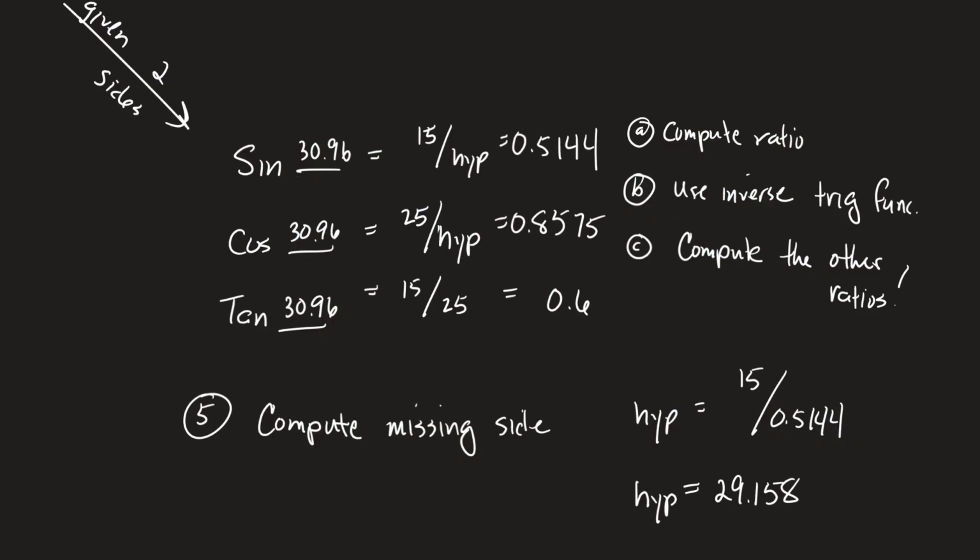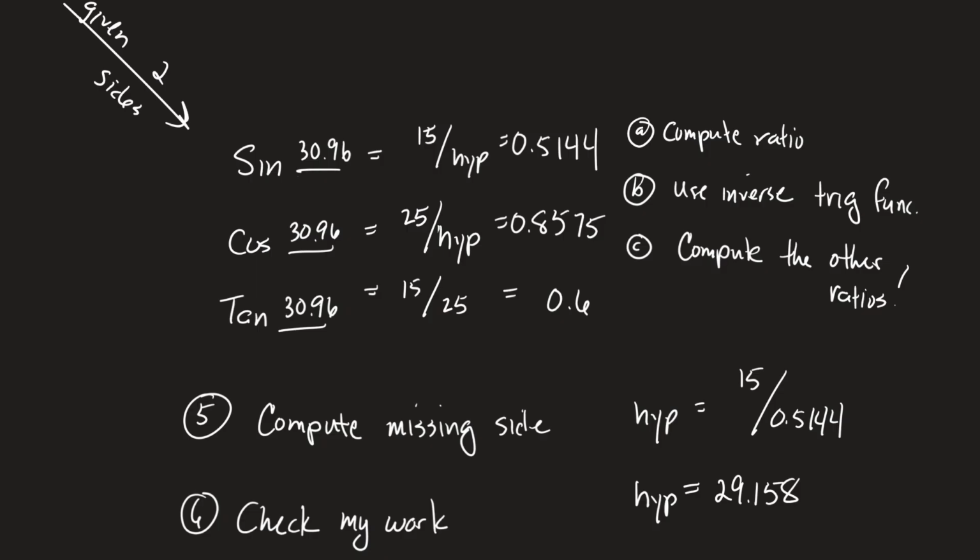Hope so. But I don't have to trust you. I can check, right? Because I can check my work yet again. All I have to do is say, take 25 divided by 29.158 and see if it equals 0.8575. So that's what I'm going to do. I'm going to take 25 divided by 29.158, and I get 0.8574.